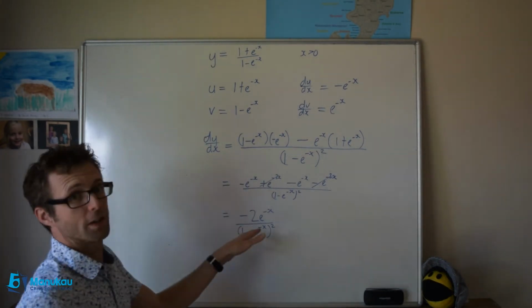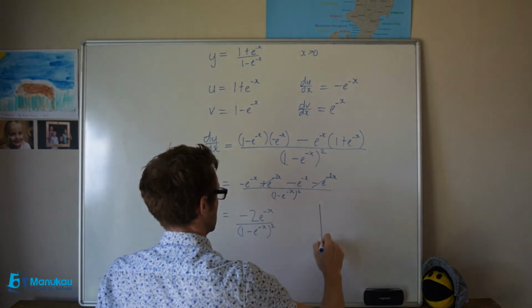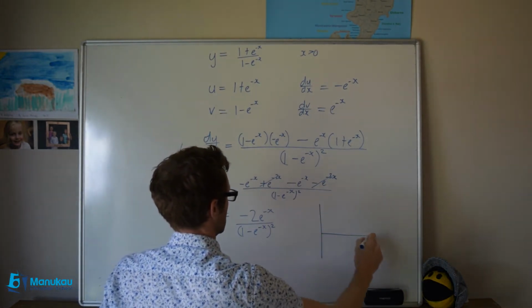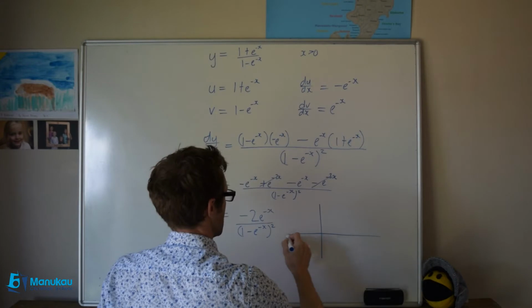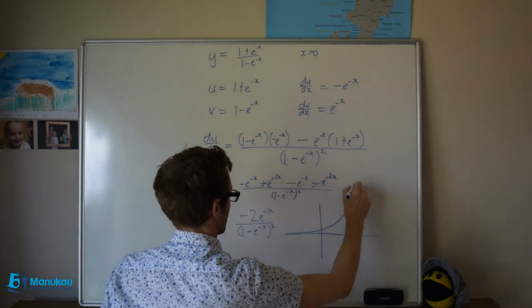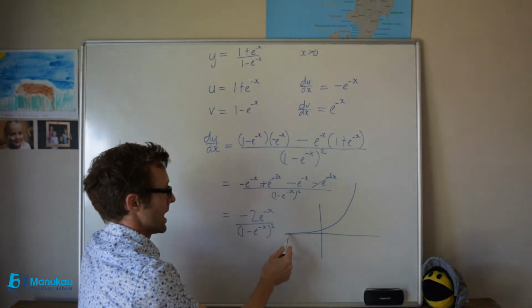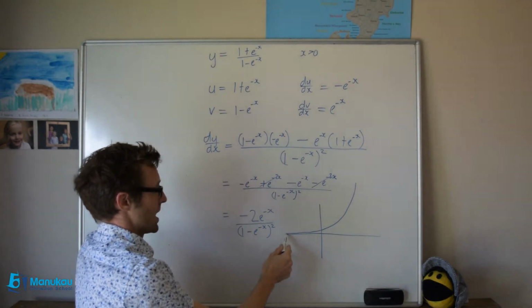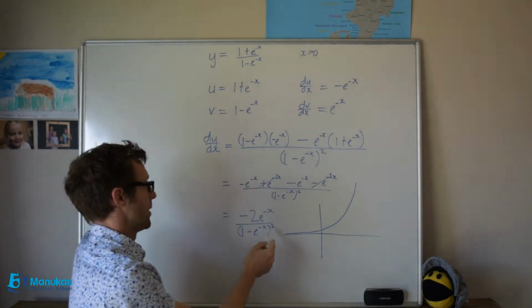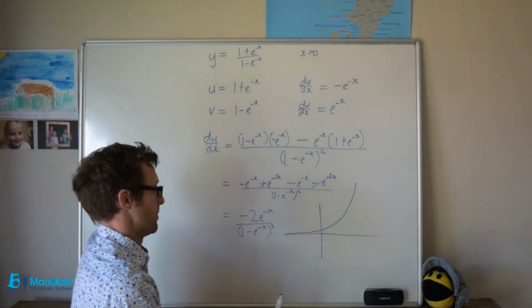Now if we consider our graph of e to the x, it's very close to the x-axis here, and then you see it goes like this. So e to the power of negative x is going to be a small but positive number. When we multiply that by minus 2, we will get a small negative number.